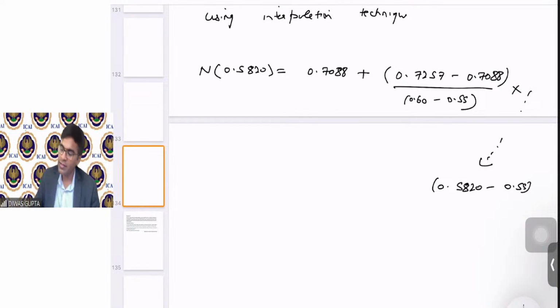So this will give us the value for 0.5820. This is a simple interpolation technique, students.